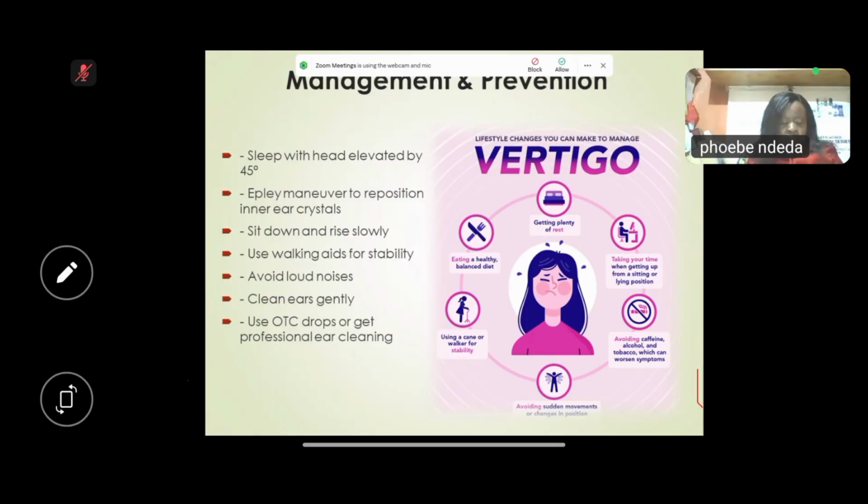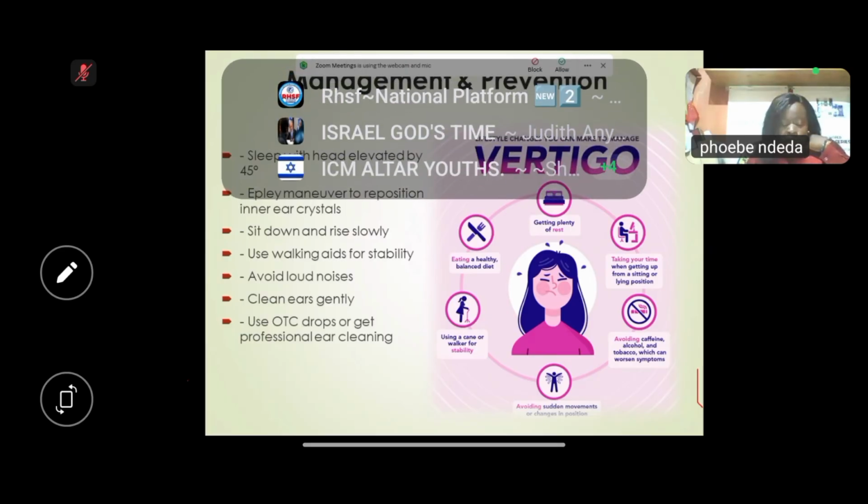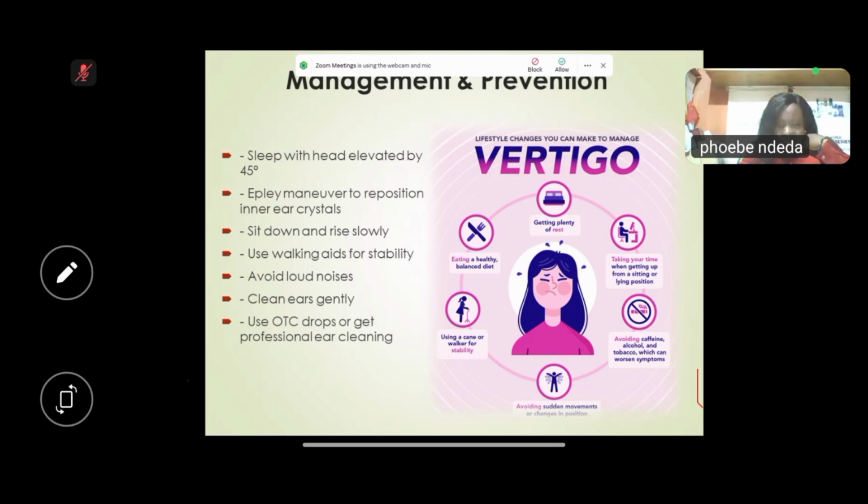You can do that. Another thing that interests me in this vertigo, and I'm saying monitor your children well when they come from school. And why am I saying this? Because I'm considering these children born with this condition called dyslexia.